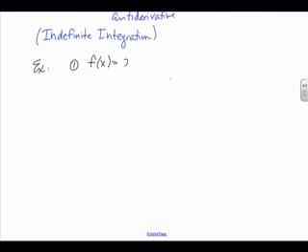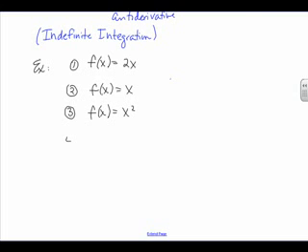F of x equals 2x. F of x equals x. F of x equals x squared. F of x equals 1 over x squared.